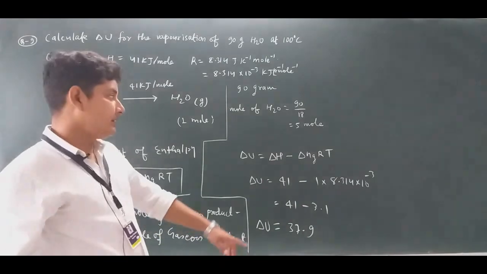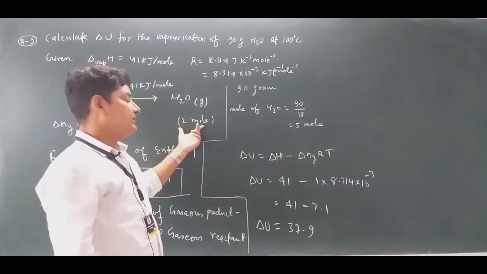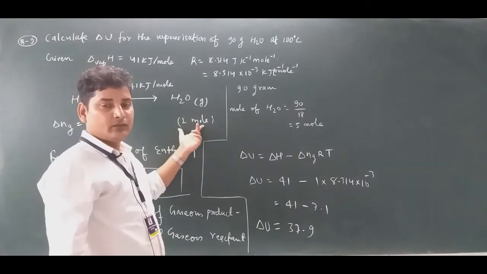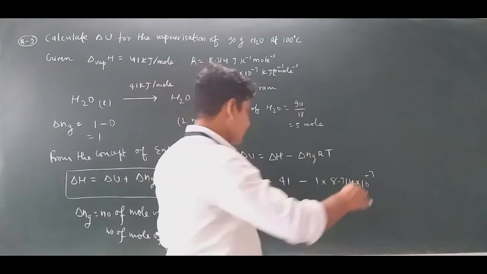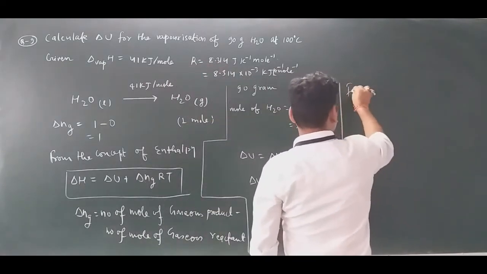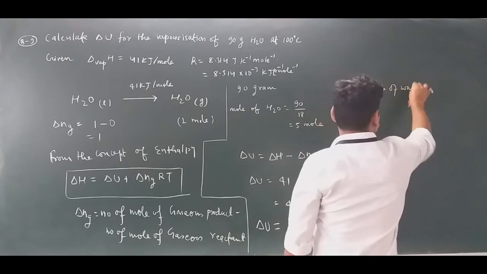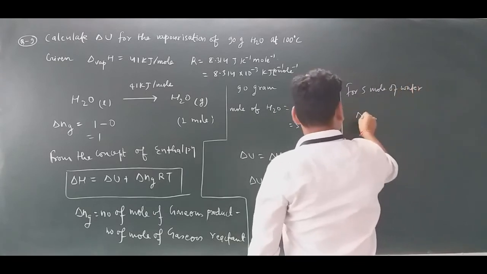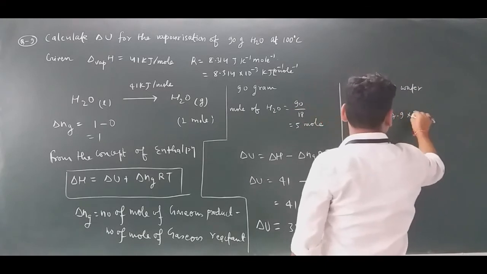But remember that this change in internal energy is for 1 mole of water. But here how many moles of water are given? 5. So for 5 mole of water, the change in internal energy is equal to 37.9 into 5.